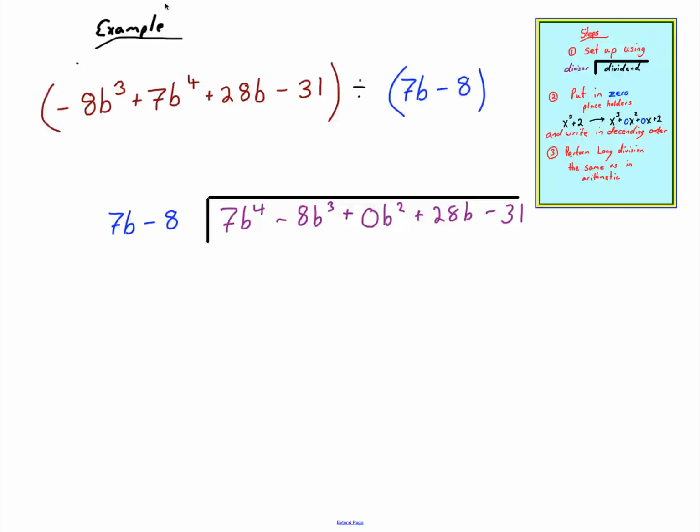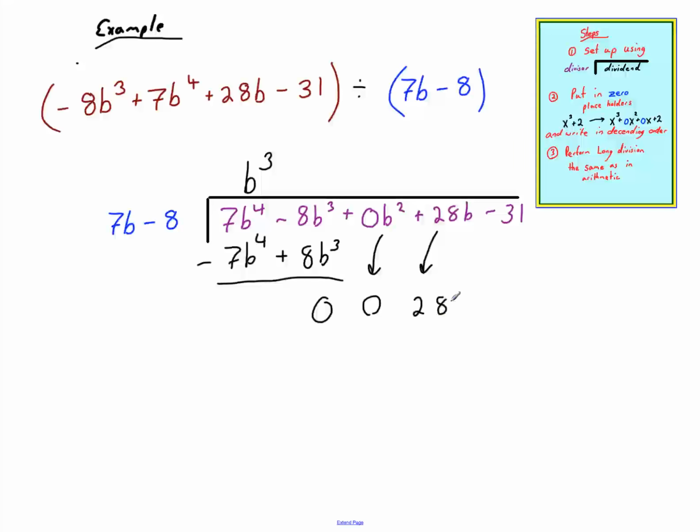Okay, this is how I would do it quickly. 7b goes into b to the 4th, b cubed, and that gives me 7b to the 4th minus 8b cubed. Subtract that. That gives me 0.